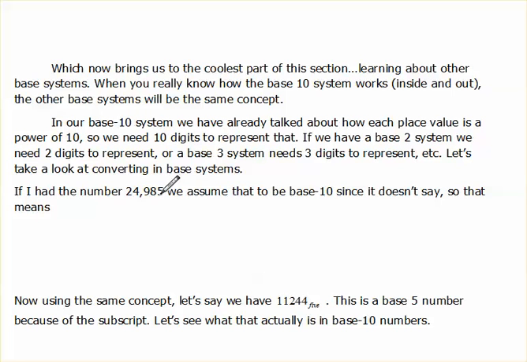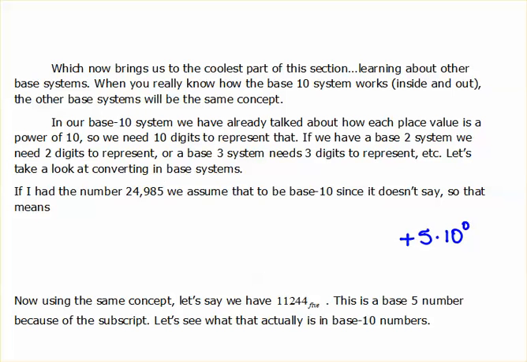Okay, so in our number system, we start reading numbers from left to right, but we know that the place value starts at the right and then gets bigger as it moves to the left. So we're going to start with that. This 5 represents 5 times 1, which is 10 to the 0.